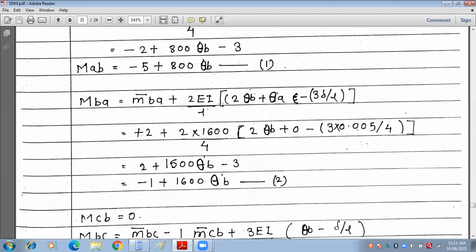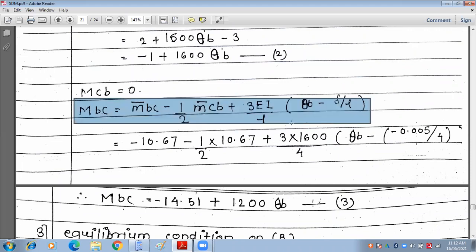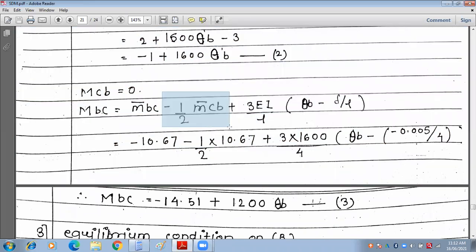And as we know that this formula will be fixed end moment BC minus 1/2 moment at CB plus thrice EI upon L into bracket theta B minus delta upon L. This is nothing but what? Modified formula. In this formula, this term is additional term, this term is instead of 2 EI, this term is 3 EI.